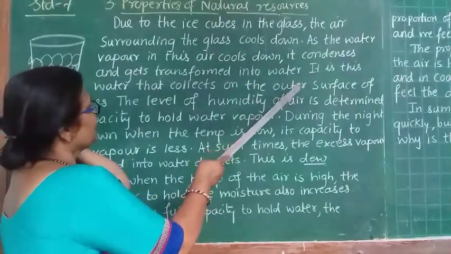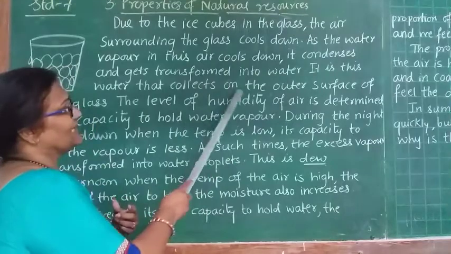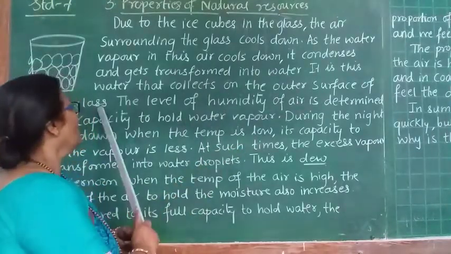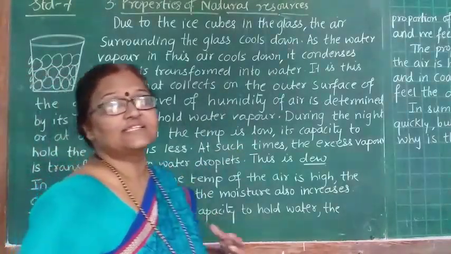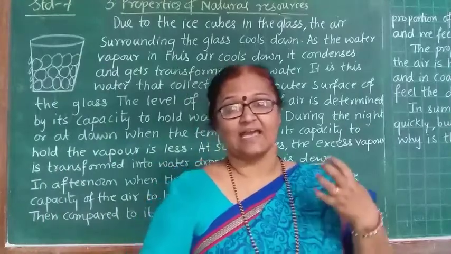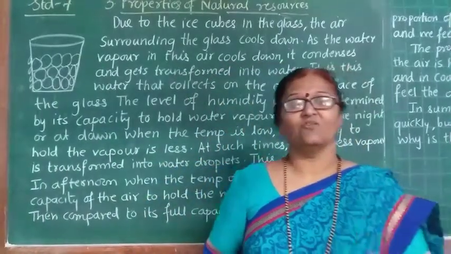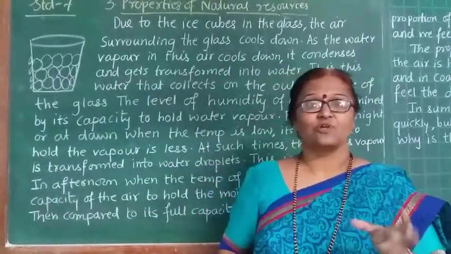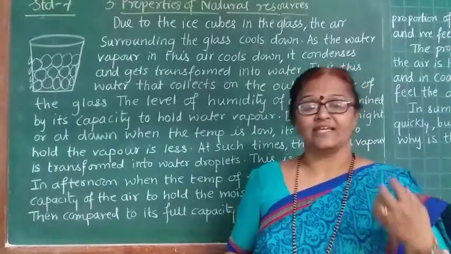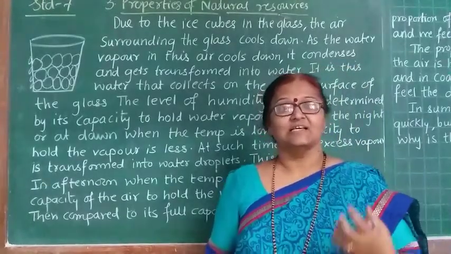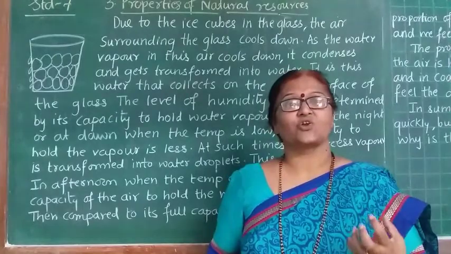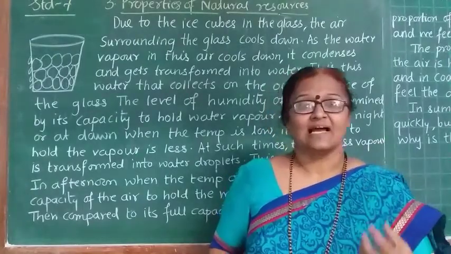It is this water that collects on the outer surface of the glass. So we see the glass is surrounded by water, or whenever we take ice cubes in a glass, we see that there are water droplets surrounding the glass surface.